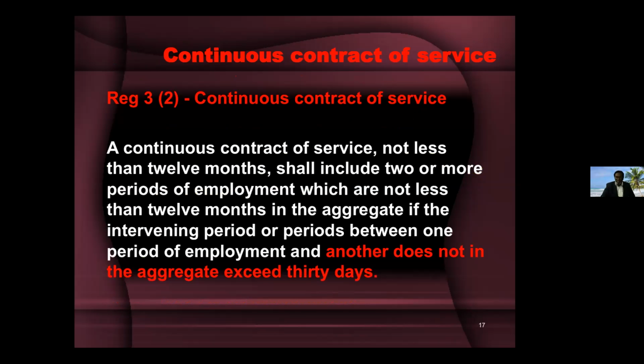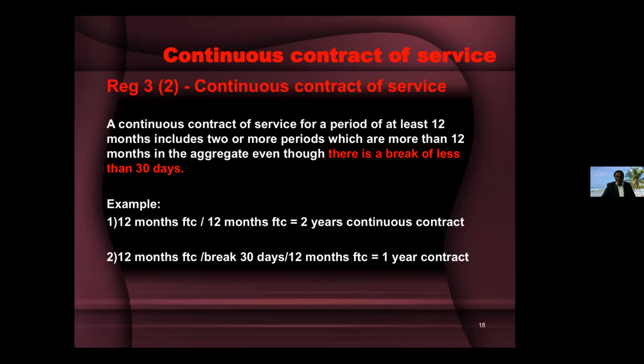The last part that we have to look at is we always have to bear in mind that under Regulation 3, subsection 2, it is stated that a continuous contract of service for a period of at least 12 months includes 2 or more periods which are more than 12 months in the aggregate, even though there's a break of less than 30 days.